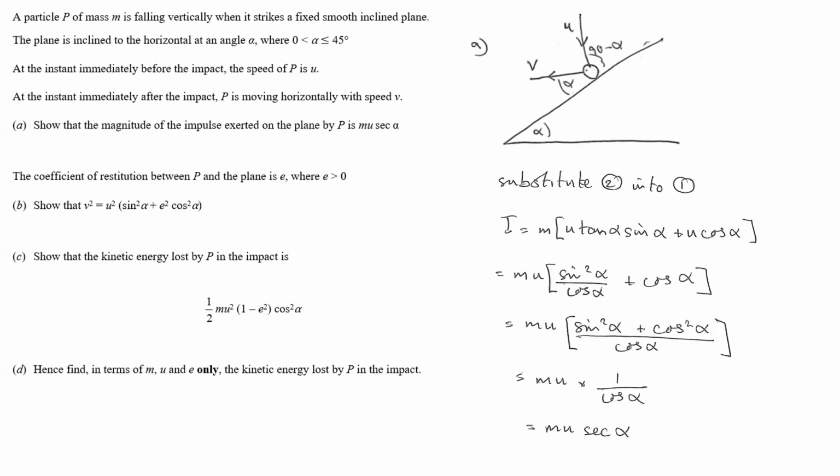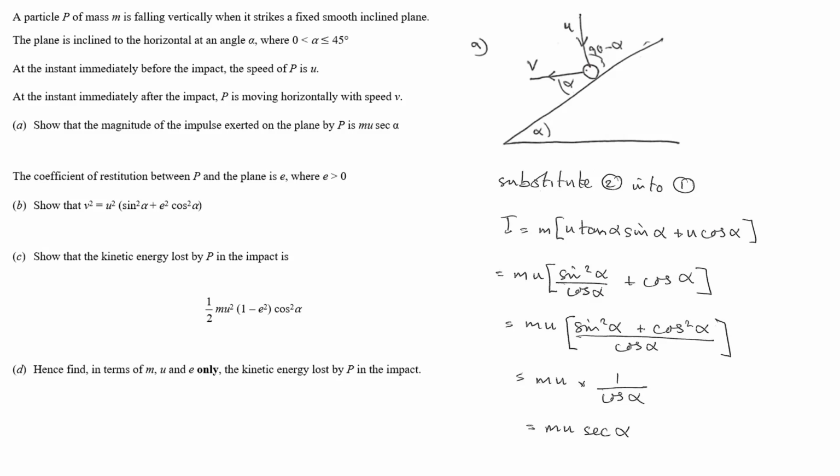And then I turned the tan alpha into sine over cos, and factorized the U out. And then I put what's inside the square brackets in the common denominator, which is cos. So you get sine squared plus cos squared, which is 1.